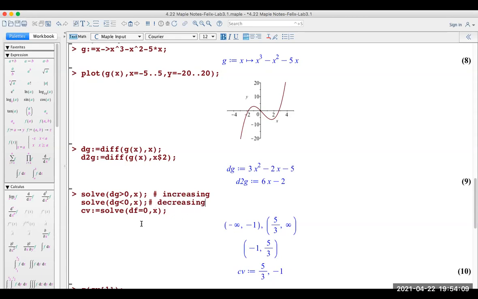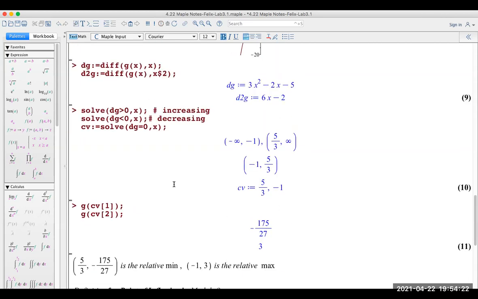Okay, and also we can find the critical values by solving the first derivative equal to 0. So here we are. We have the interval for increasing, which is -infinity to -1, and 5/3 to infinity. The decreasing interval is from -1 to 5/3. And the two critical values we have are 5/3 and -1.